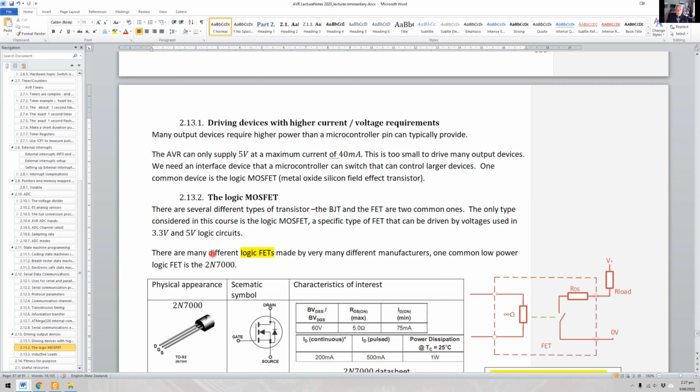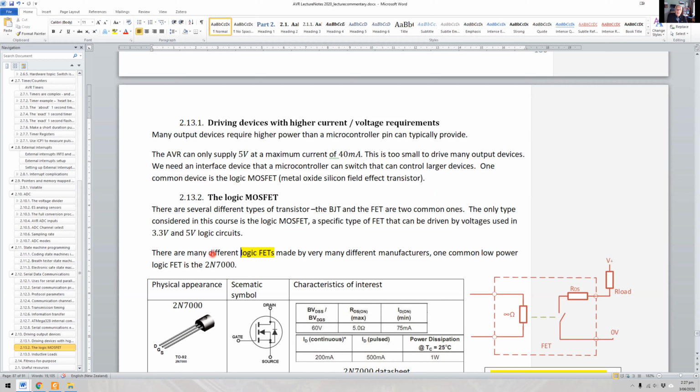You know, anything from down to like 2 volts or something, or a volt perhaps in some cases, right up to 5 volts. But many MOSFETs are designed to be driven by 10 volts. Okay, so when you're looking for a FET to connect to a microcontroller, that's the first thing you need to look for, is a logic FET.